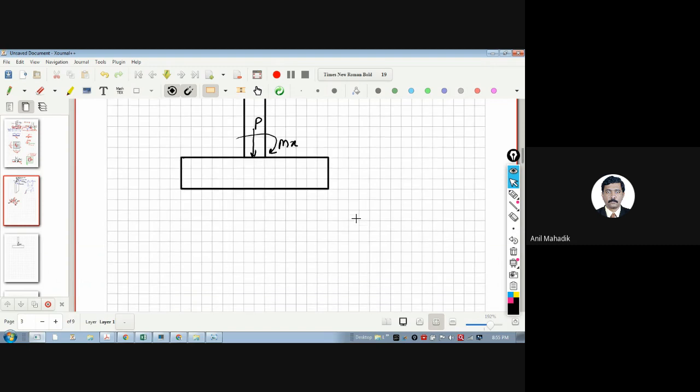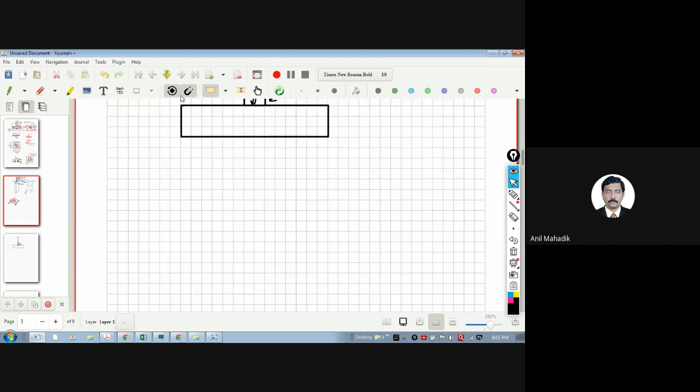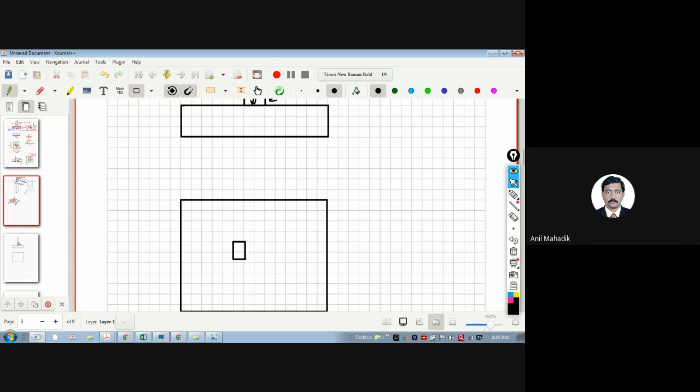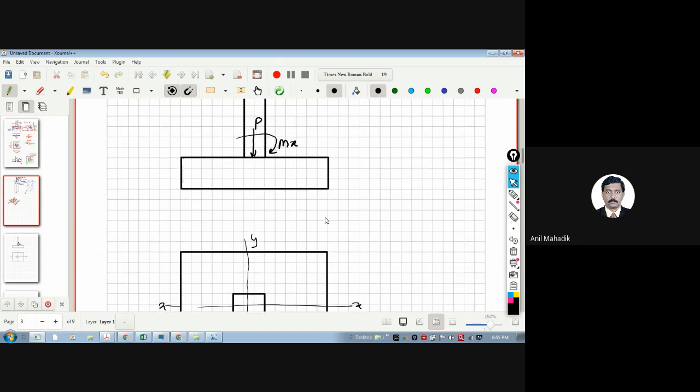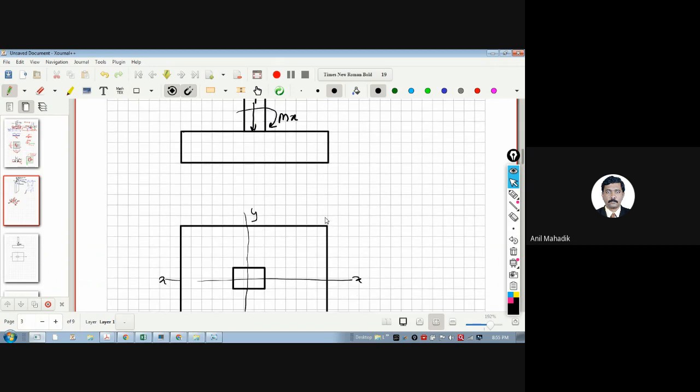So all of you know that in any footing, the column is resting on that, and due to that there is a biaxial moment on the column, on the footing rather. Let's say this is the case, and we are having this axis x, y. Oh, I'm considering this as x.